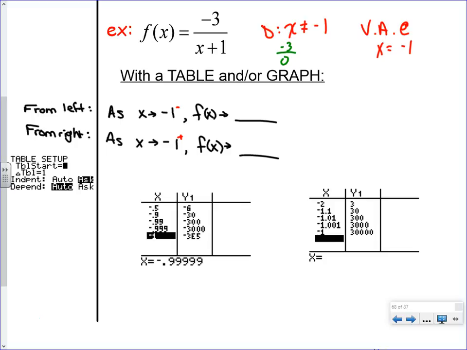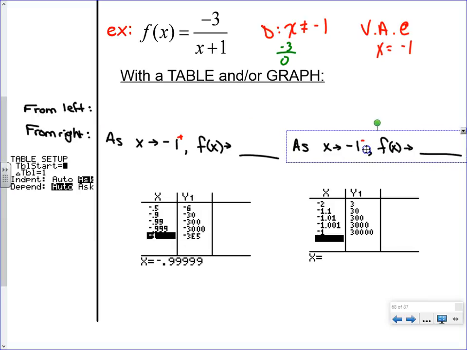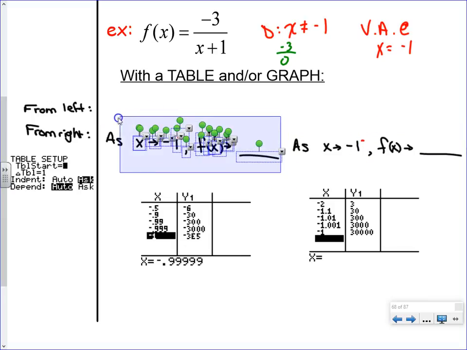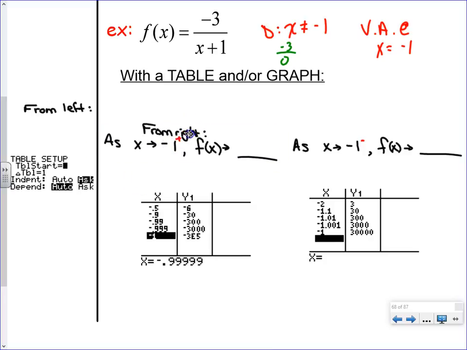While you do that, let me see if I can make my notes look prettier. An error is not necessarily bad. It depends on what you're plugging in. Should the function work at -1?